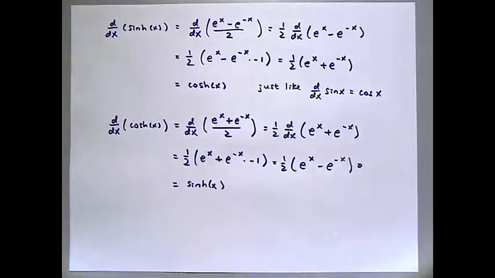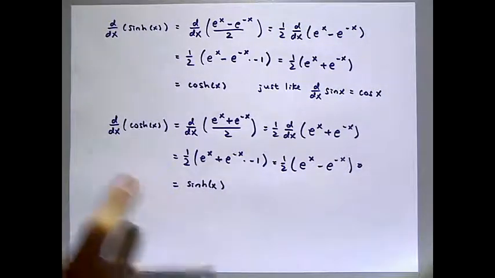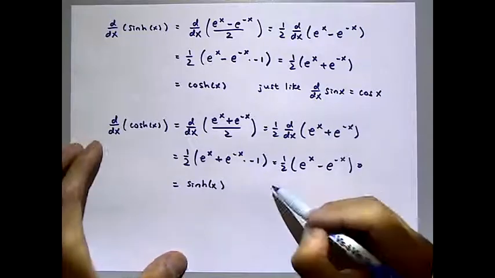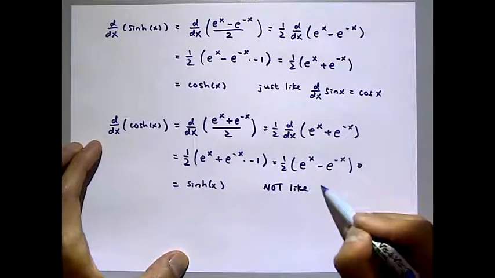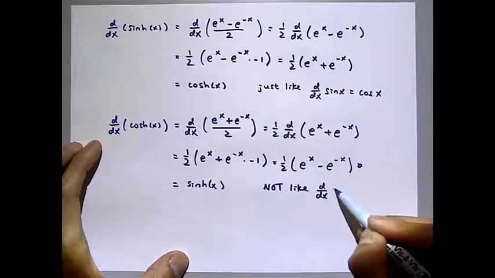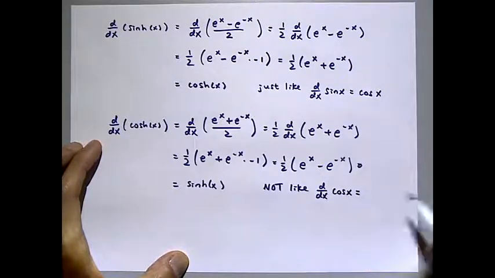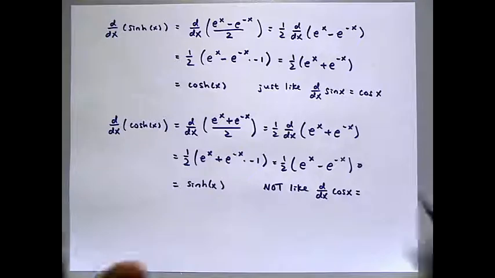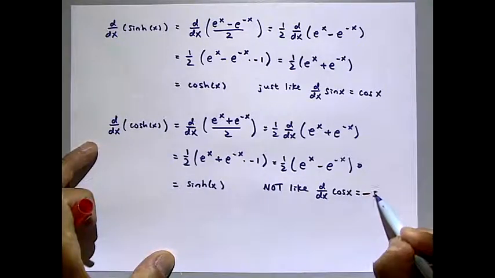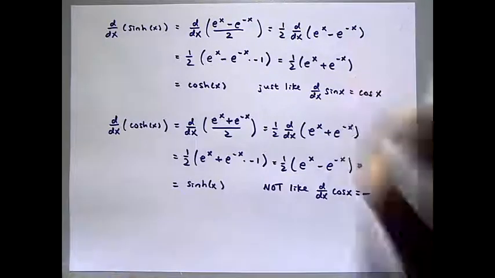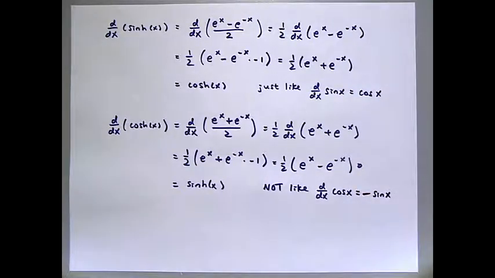All right, so there's the first major difference. There's no sign change here. We know the derivative of the regular cosine is negative sine. But in the hyperbolic counterpart, there's no sign change.